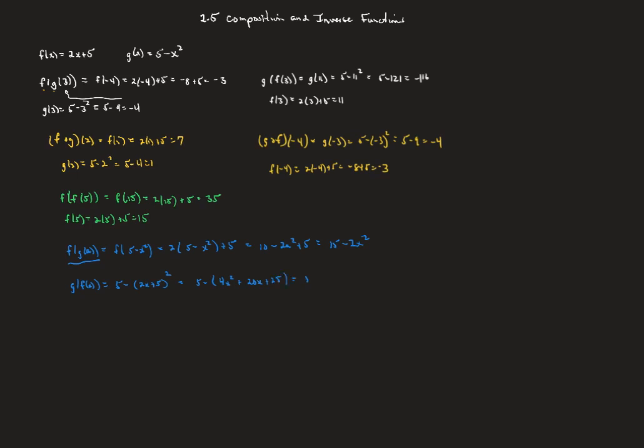We can distribute that negative, so that's going to make everything be negative in that parentheses, and finally combine like terms. So we'll end up with the new function, g of f of x, is going to be negative 4x squared minus 20x minus 20.